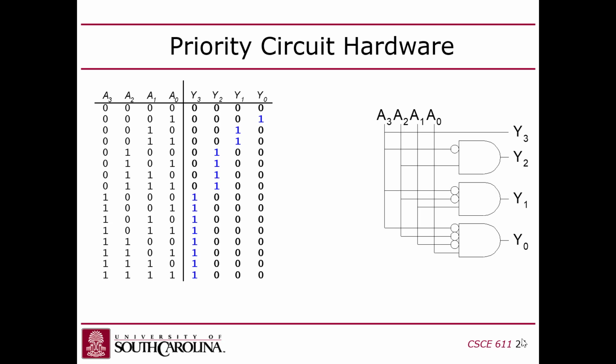And you might say, where are you getting the not A3? There's a bubble here on the input that is complementing the A3 input into this gate. All right, you guys with me? So the only way Y2 can be asserted is if A3 has to be 0 and A2 has to be 1, right?